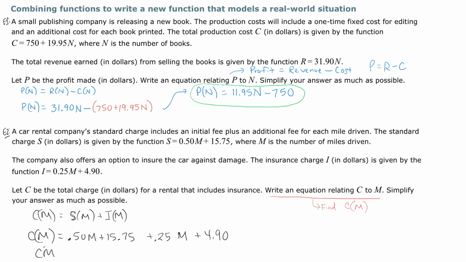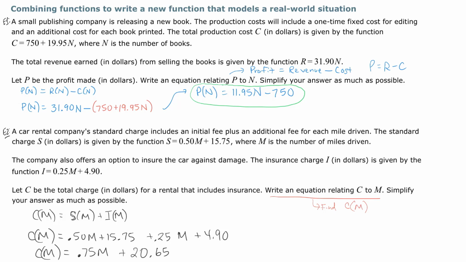Go ahead and simplify this function. We have 0.75 times m, and what do we have here? And we have $20.65.